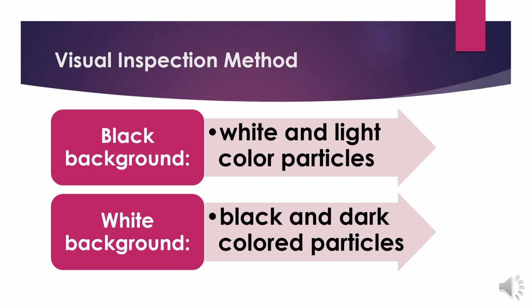So similarly, when the particles are white or light color, they will be more visible against a dark background, and if the particles themselves are black or dark, they will be more visible against a light background, basically the white background.